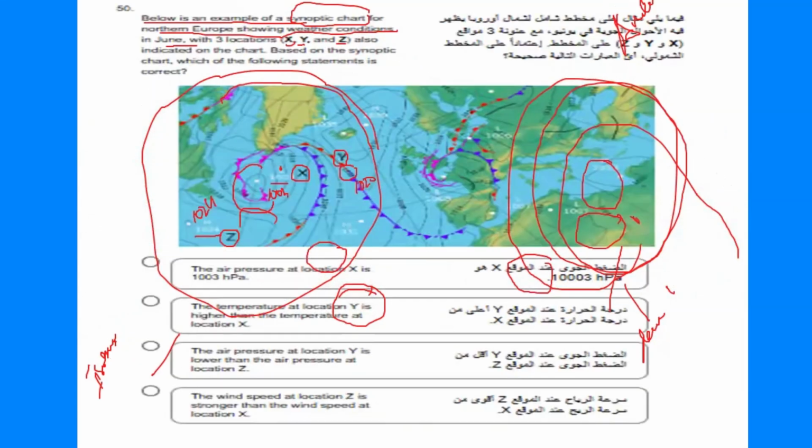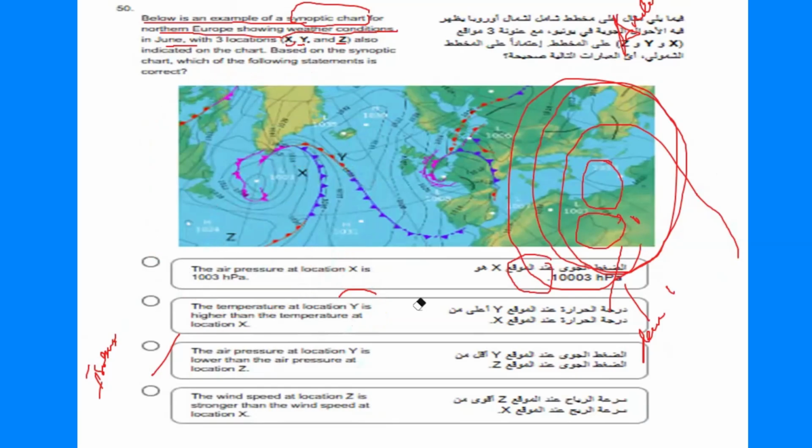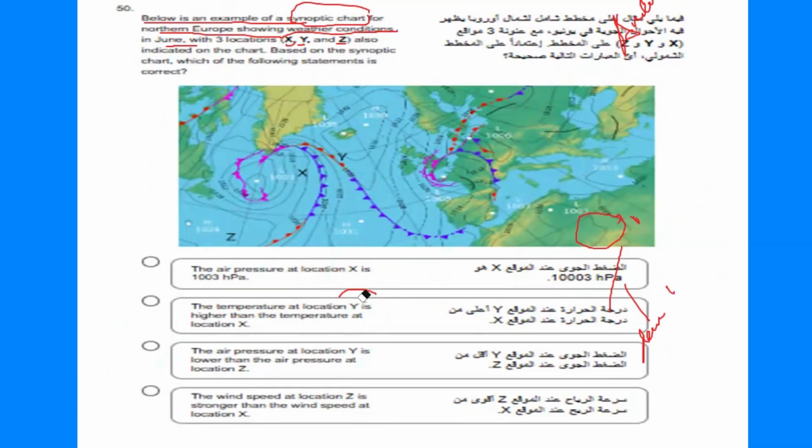Now, back to the question. You got the numbers as well, right? Check this one. This says that the air pressure at location Y is lower than the air pressure at location Z. We agreed Z has what? 1024.